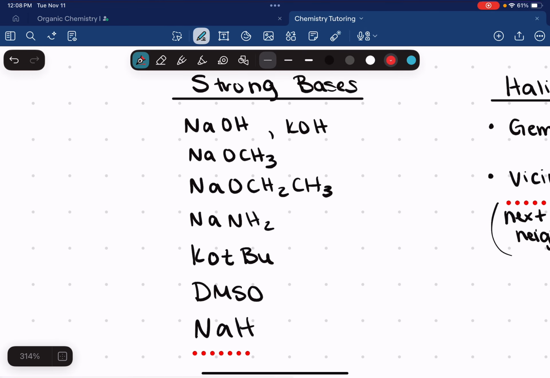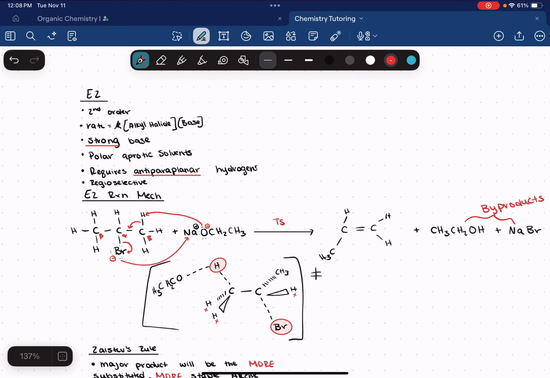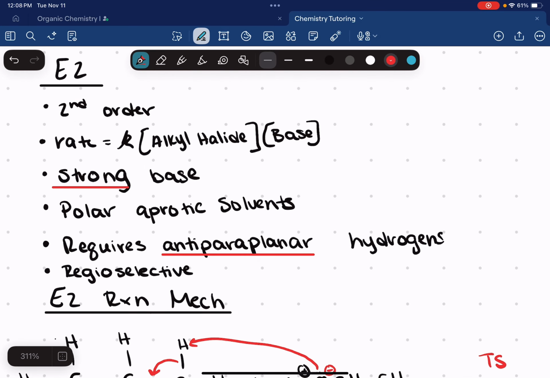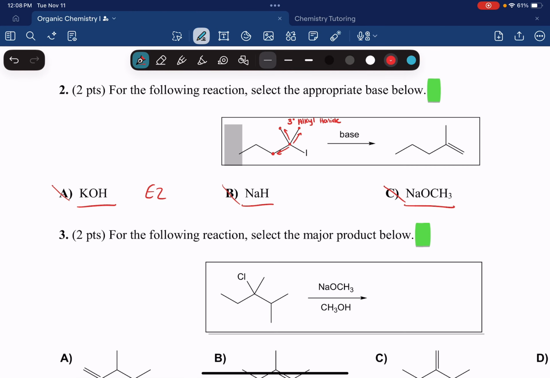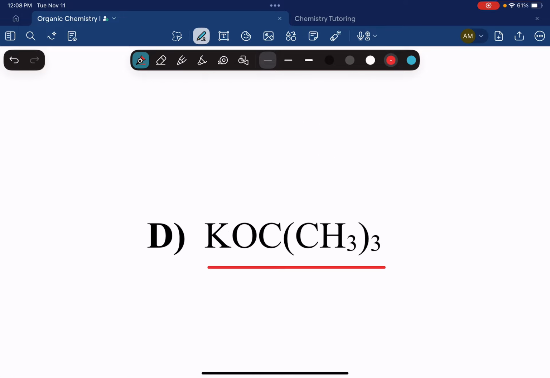This is also what I should have included, that an E2 needs a strong, non-bulky base. If it's a huge bulky base, meaning it's a large compound, look, it's got 3 methyl groups. If we were to draw it, it'd be oxygen connected to a carbon. This carbon has 3, right? Negative, and then we've got our K positive.